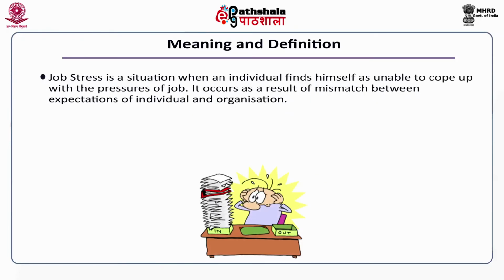Job stress is a situation when an individual finds himself unable to cope with the pressure of the job. It occurs as a result of mismatch between expectations of the individual and the organization.